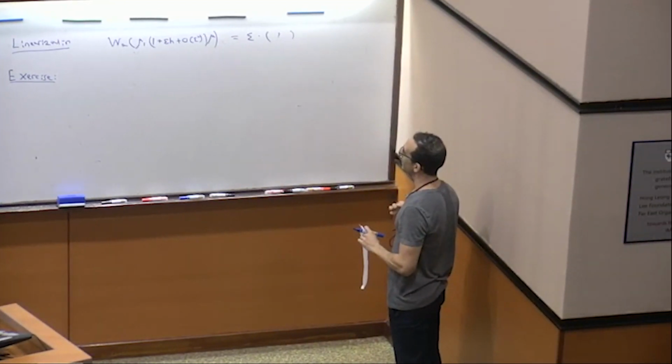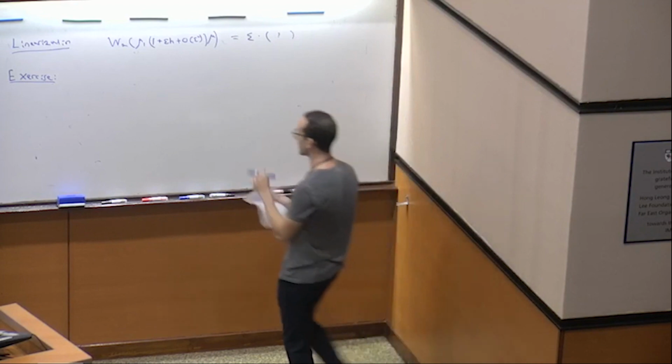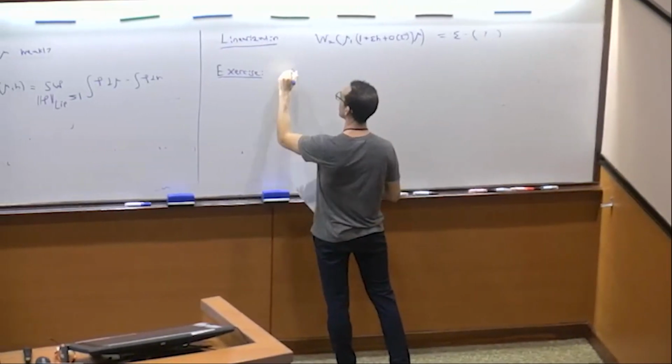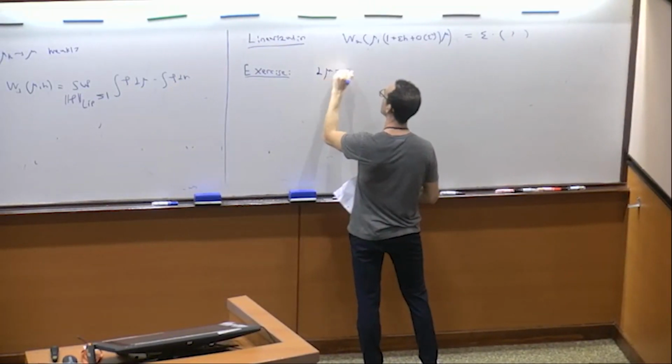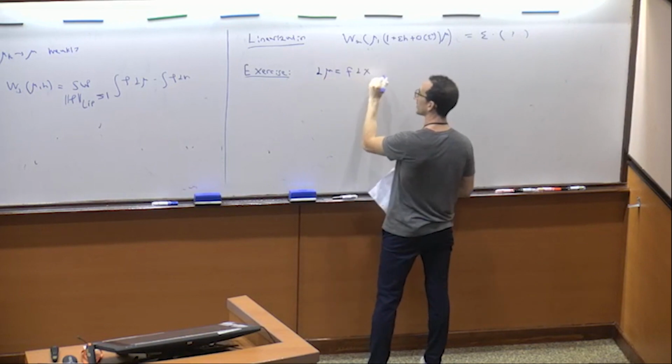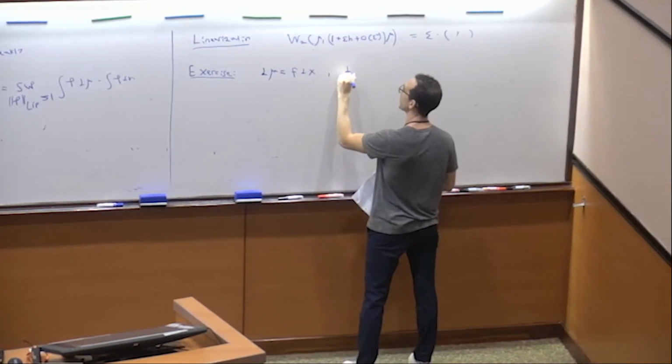Okay. So what is the exercise? The exercise is as follows. Suppose you have d mu, where let's say mu and nu have densities.